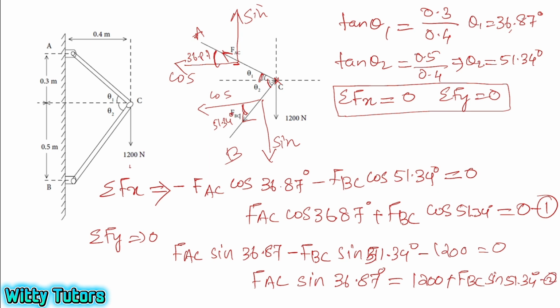From these two equations, you can either use a scientific calculator and directly input the values to get the solution for FAC and FBC, or you can simply solve the equations to find the values of FAC and FBC. From the first equation, FAC cos 36.87 degree plus FBC cos 51.34 degree equal to 0.